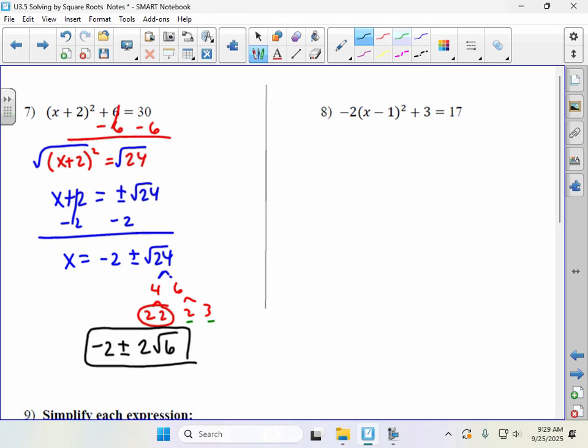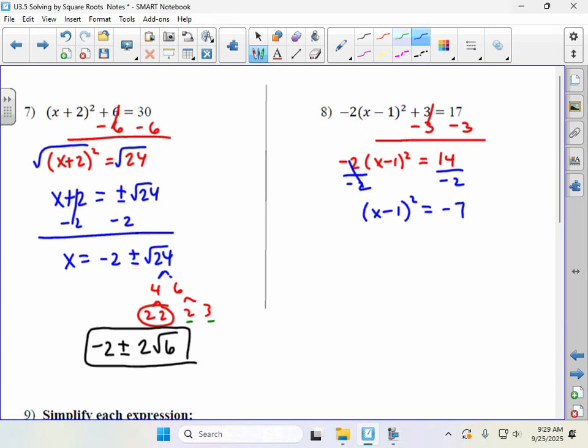All right, 8. Here we have a couple steps we have to do before we can square root. So we're going to subtract 3 first. It's 14. And then we'll divide by negative 2 next. It's negative 7. Now we can square root both sides.